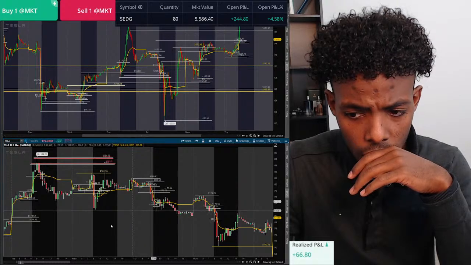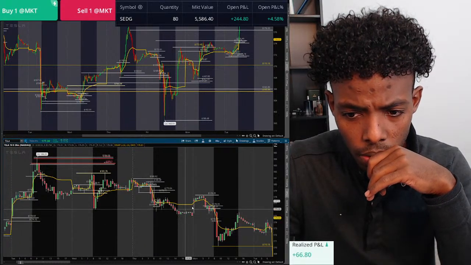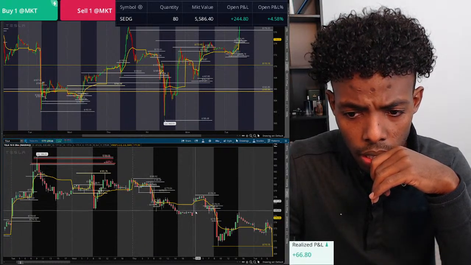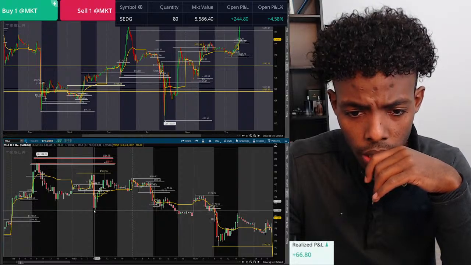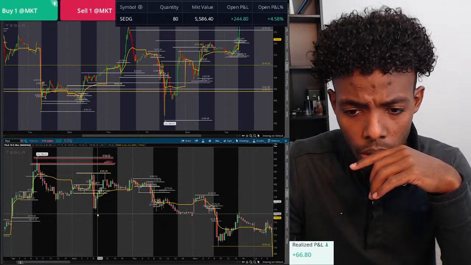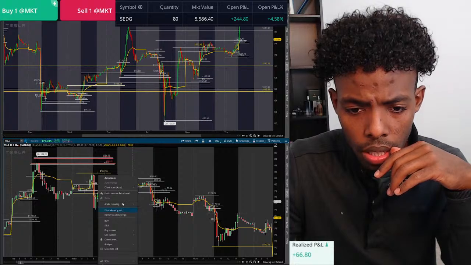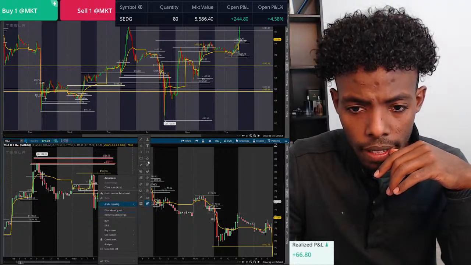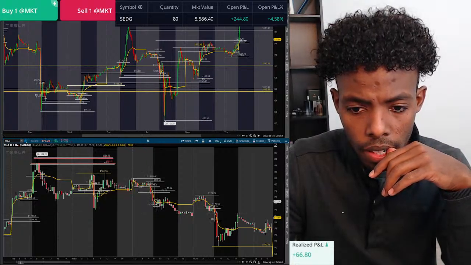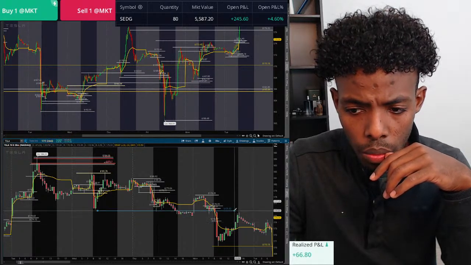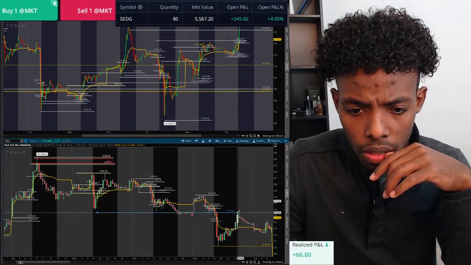All right. Okay. Need to see wick here. There's a wick right here, which is also supported here. So I can go ahead and mark right here. Okay. There's a wick right here. You guys can see.